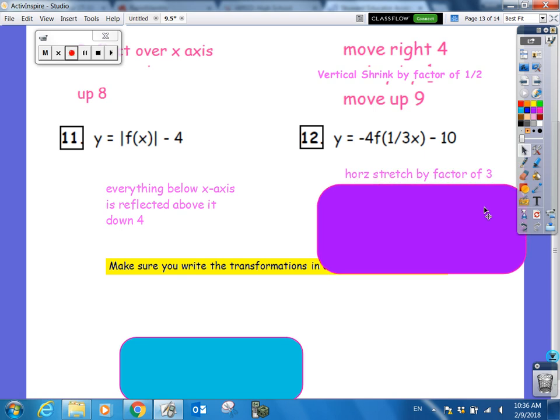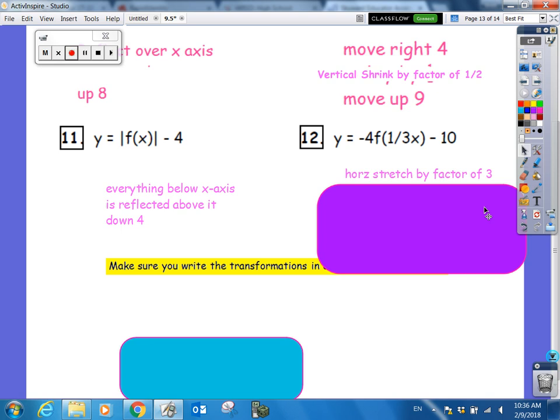Then we do the multiply and divide. So -4. We can do that in 2 steps or in 1. And really these 2 steps could be flip-flopped because we could multiply by -1 and then 4, or 4 and then -1, or -4 together. Doesn't matter. So one way is we could say a vertical stretch by a factor of 4 and then a reflect over the x-axis, or we could flip-flop those.